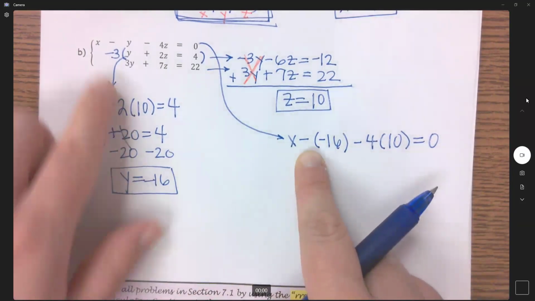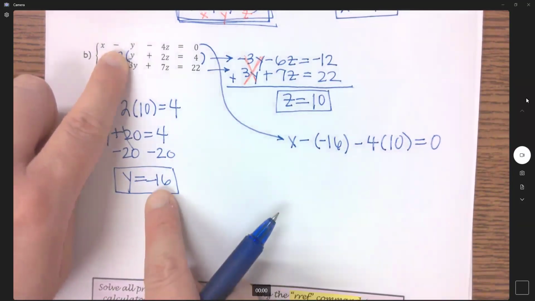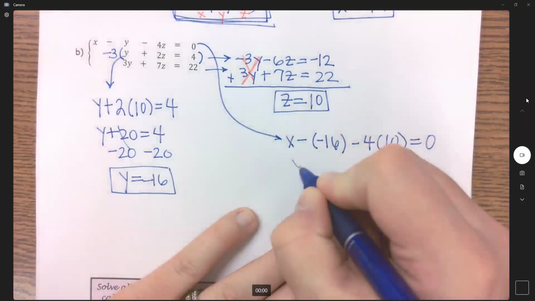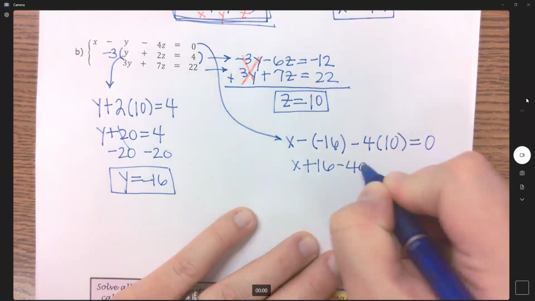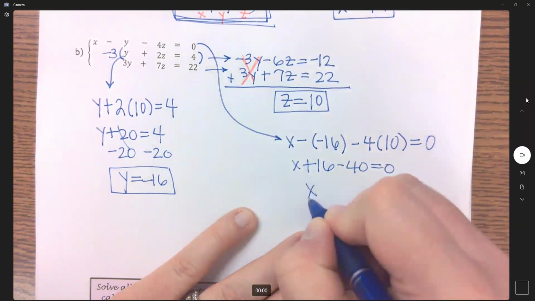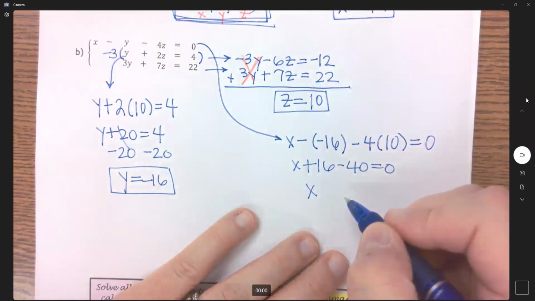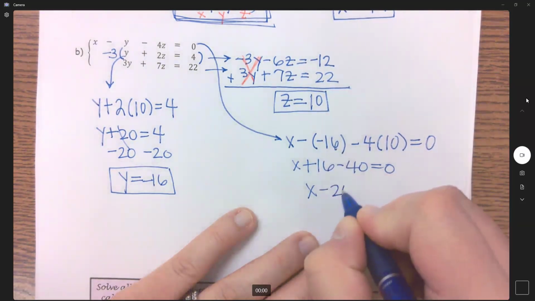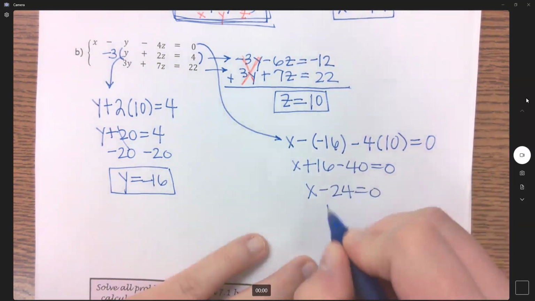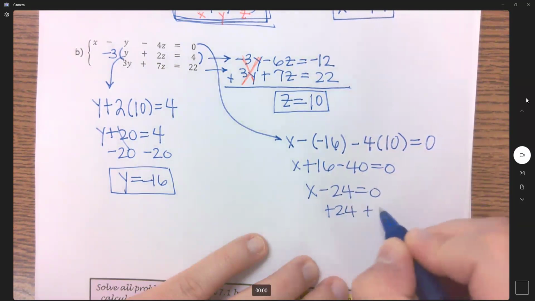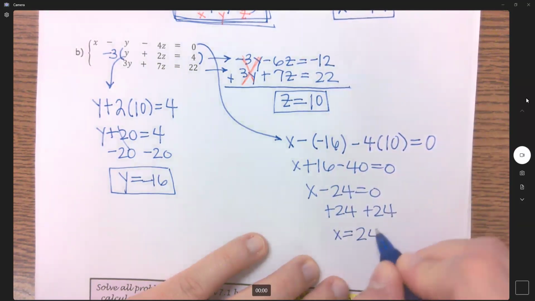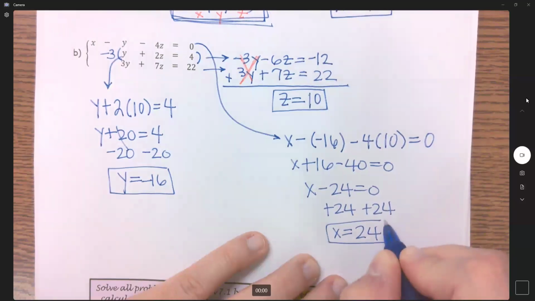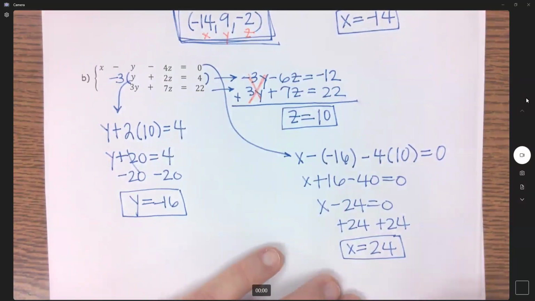Again, double negative here because we're subtracting y and my y is negative. So we get x plus 16 minus 40 equals 0. So 16 minus 40 gives me -24. Add that over, and x equals 24.